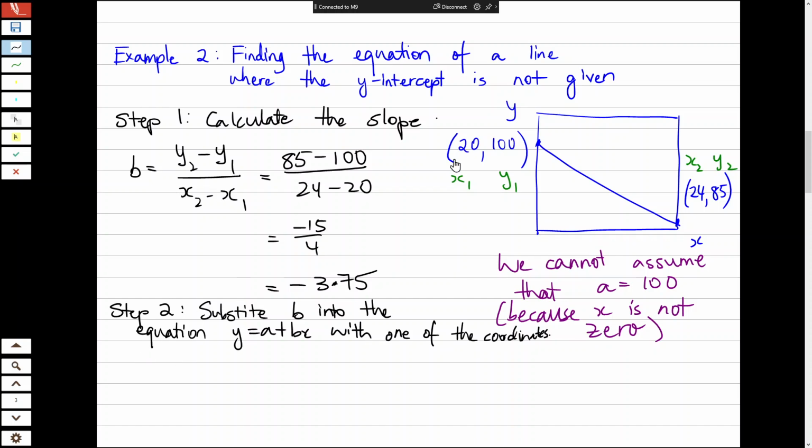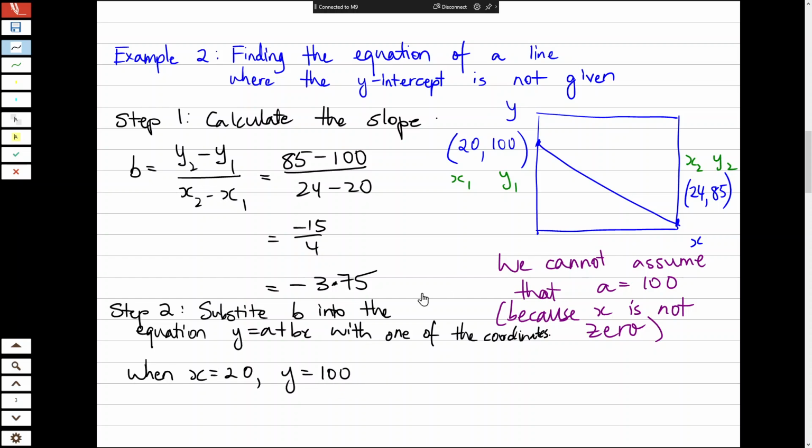It actually doesn't matter which one you use. You can use the first one or the second one. I'll just use the first one. So we know that when x equals 20, y equals 100.